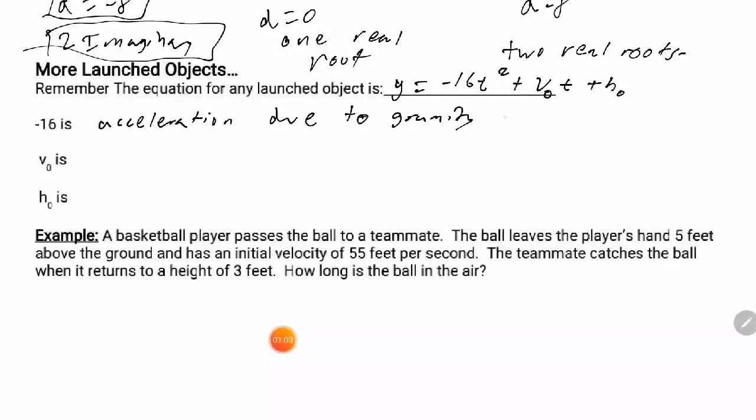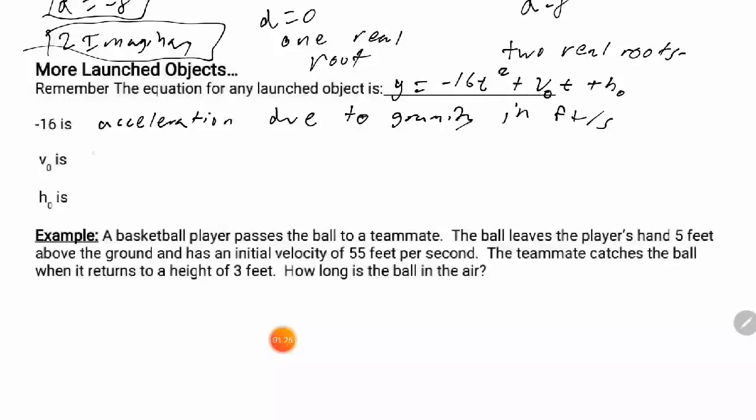But we're going to use feet to make our lives a little bit easier. I mean, in most experience you're going to use meters, but for our purposes, using 16 is going to be easier than using 9.8.